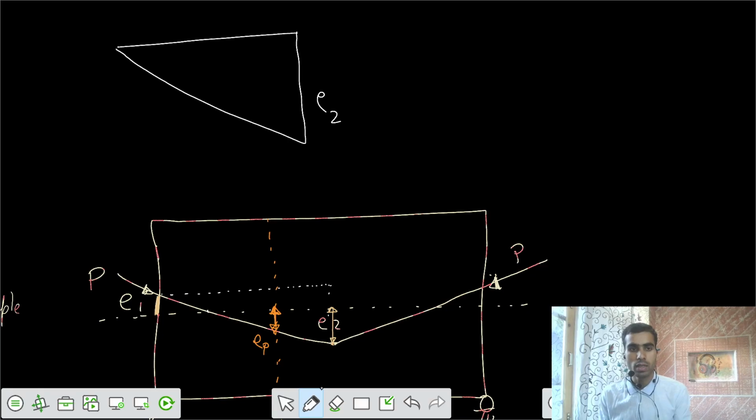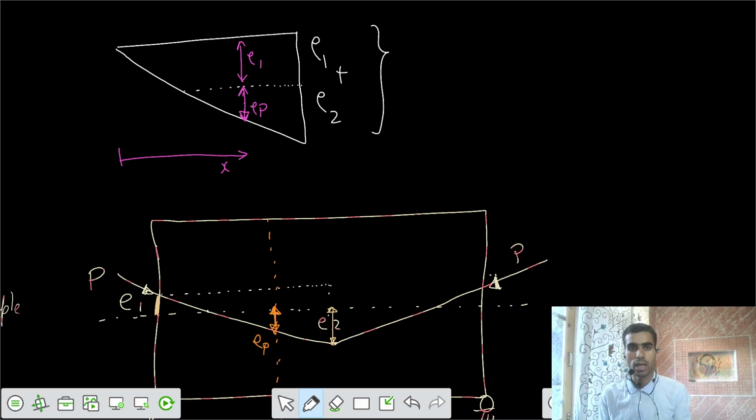So the total value is E1 plus E2. Somewhere it's cutting that line, and your EP is somewhere here. This is your length X. Somewhere you are cutting this section such that this part is your EP and this part is your E1.